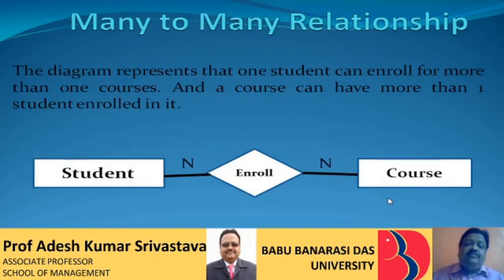Now we come to the many to many relationship. The diagram represents that one student can enroll for more than one course, and a course can have more than one student enrolled in it. There may be n number of students enrolling in n number of courses. This is called many to many relationship, and we can also see it in the real world.